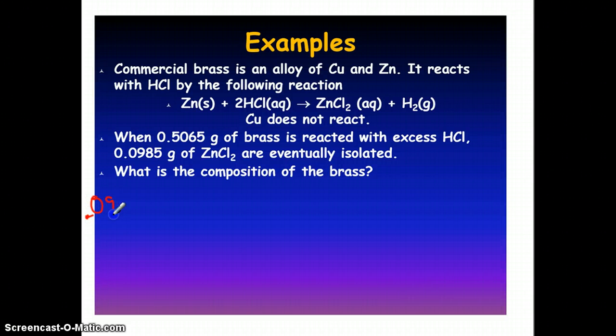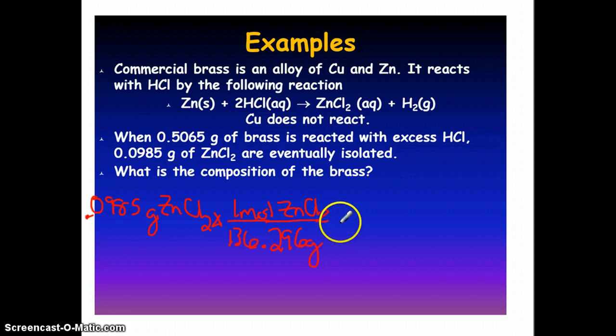So we know that we started with 0.0985 grams of ZnCl2, and we need to convert that to see how much Zn we have. We know that the molar mass of ZnCl2 is 136.296 grams. Now we're going to use mole-mole ratios.